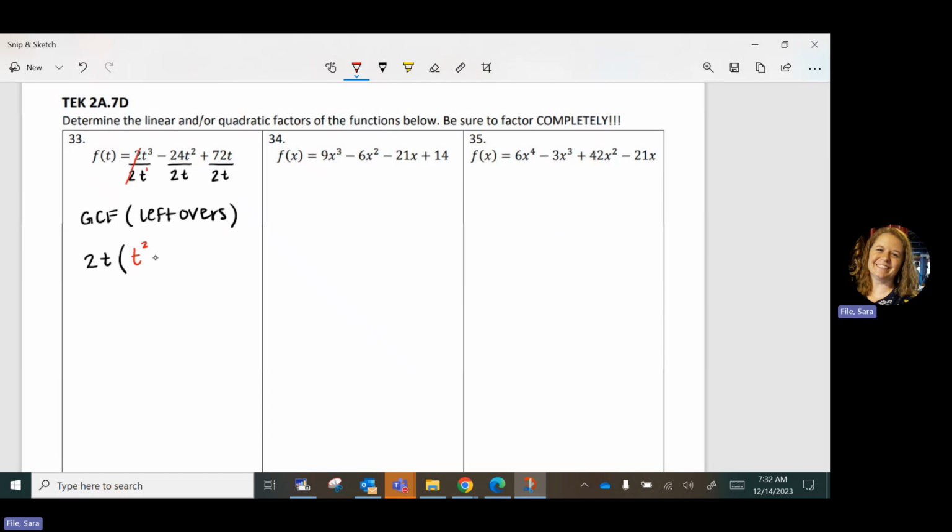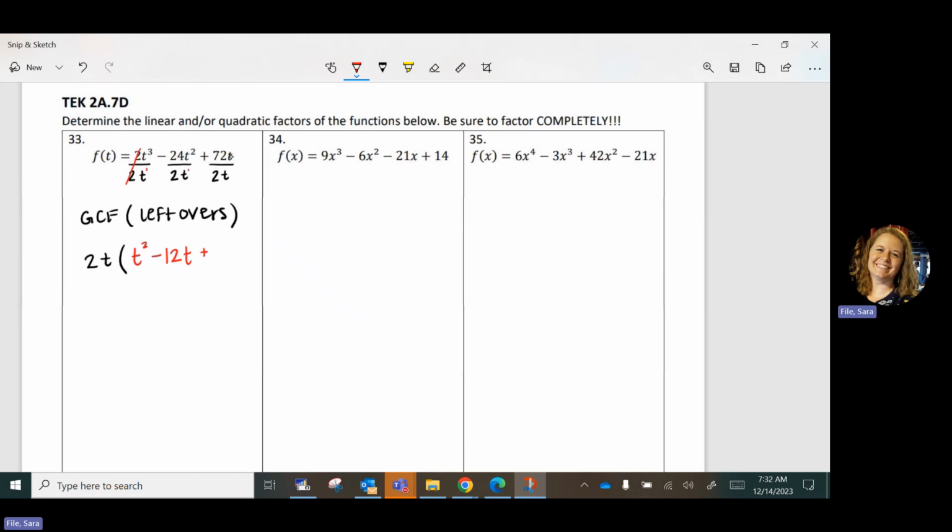Then we have a minus. And then in this term, what's 24 divided by 2? 12. And then t squared divided by t would leave me with t. Then I have a plus sign.